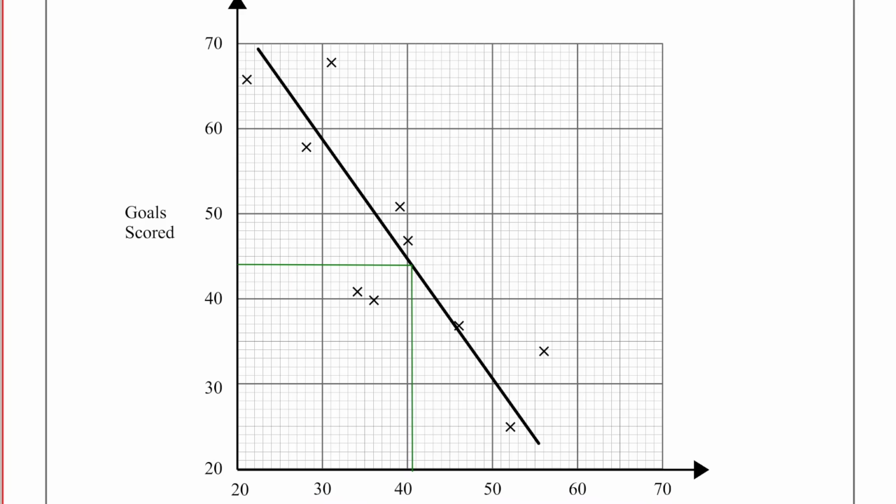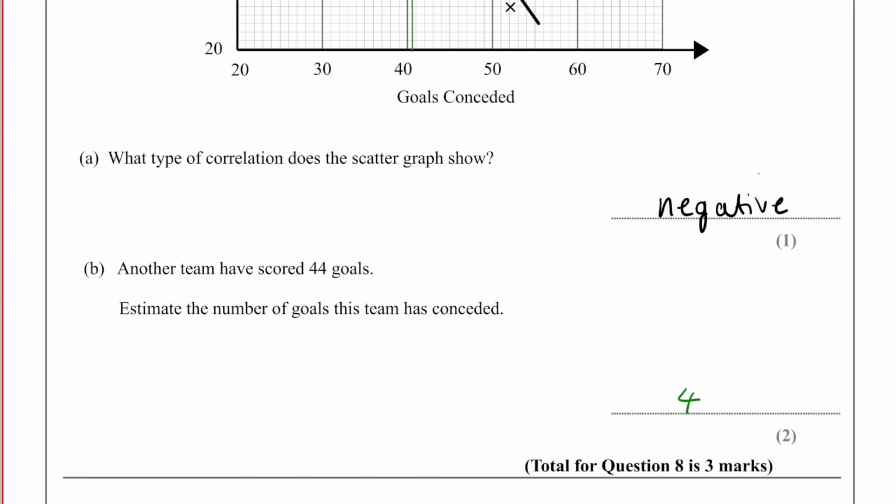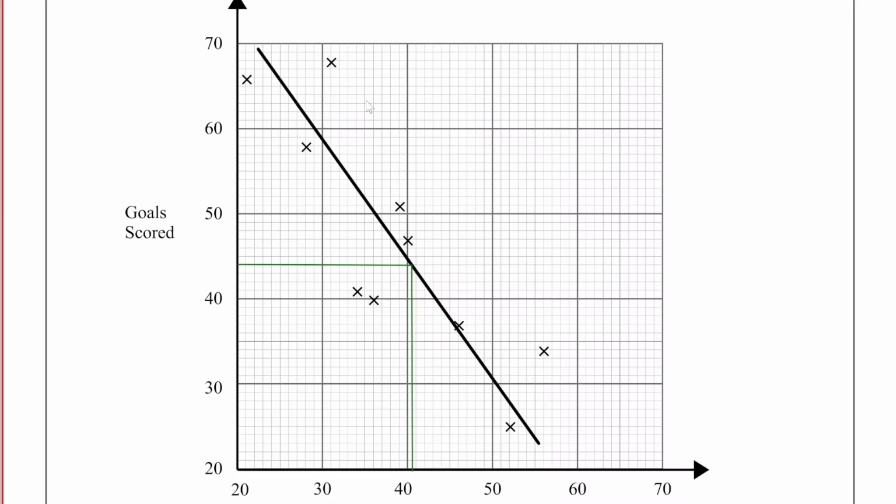So I've got somewhere between 40 and 41 here. I'm going to go for 41. I think it's slightly closer to 41. But as long as you use your line of best fit, you'll be absolutely fine. So the line of best fit has to have roughly the same number of points on both sides. And you're trying to minimize the distances from the points to the line.